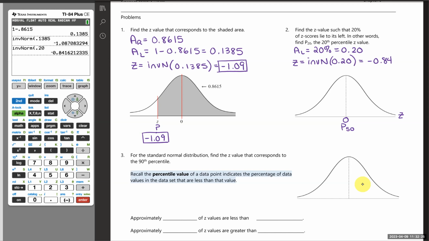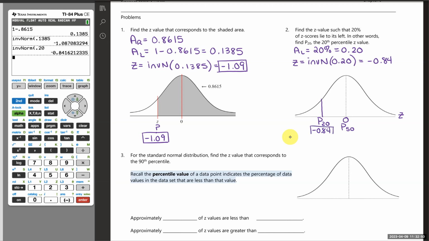And then it says that the value we were looking for would be the 20th percentile. So the 20th percentile will be to the left of the 50th percentile. And it's looking good here because our answer is to the left of the mean, negative 0.84. So that negative z-score makes sense.